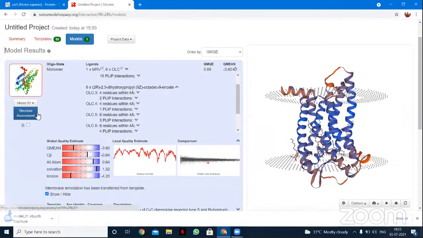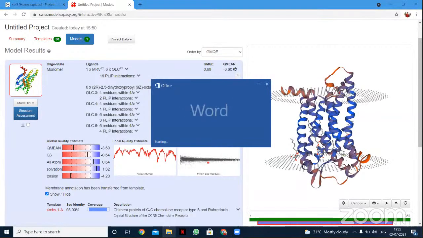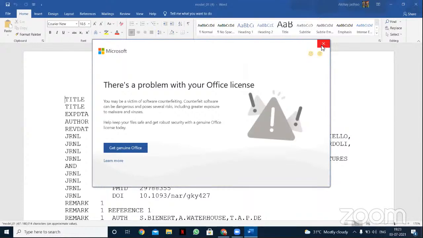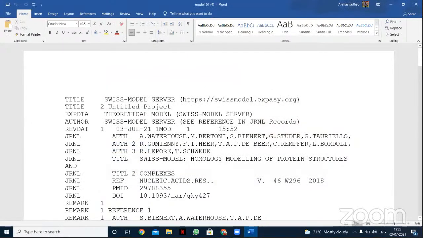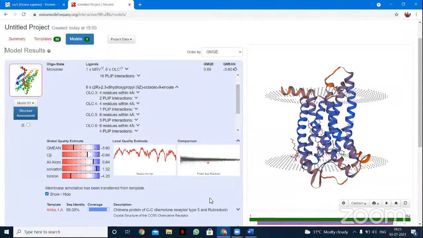It has got downloaded. You can view it in Rasmol or any other viewer. Another option on the right hand side is JMOL. No need to open it in a Word document. Try to open it in Rasmol if you have. Otherwise, JMOL is there on your right hand side.